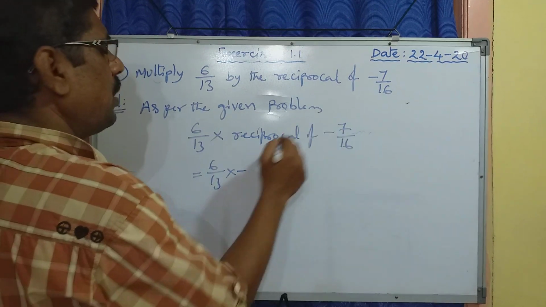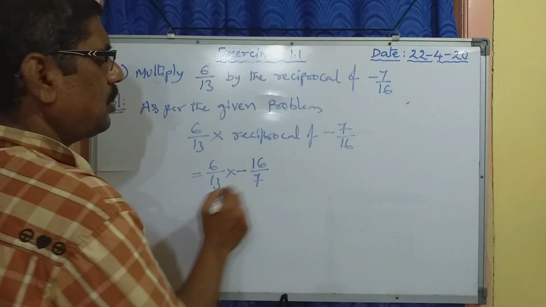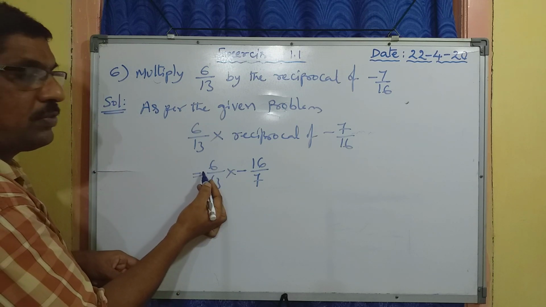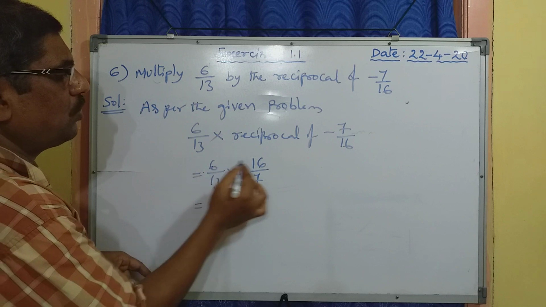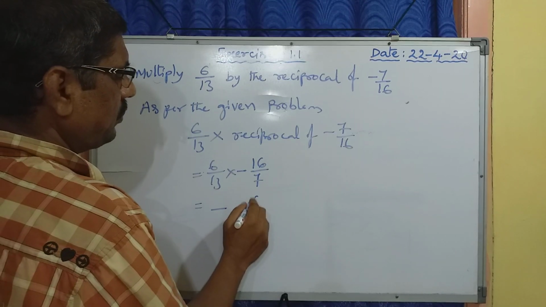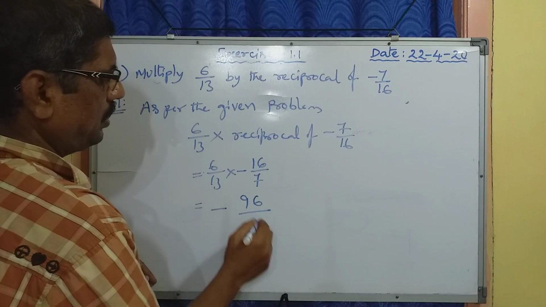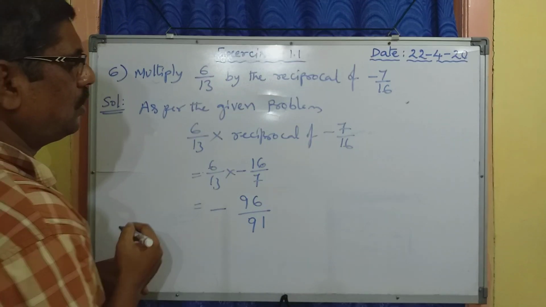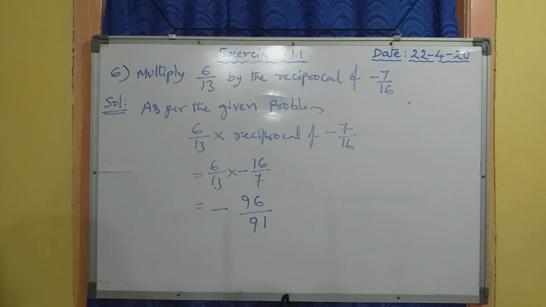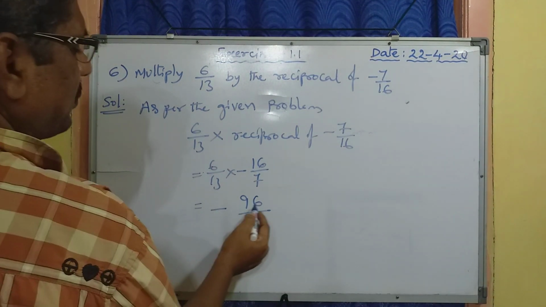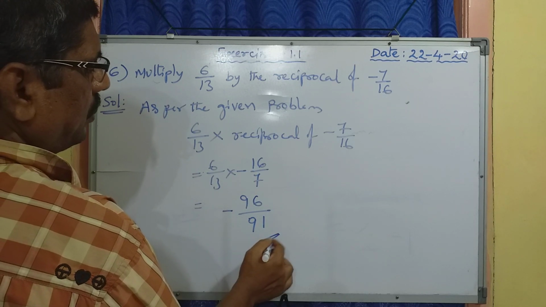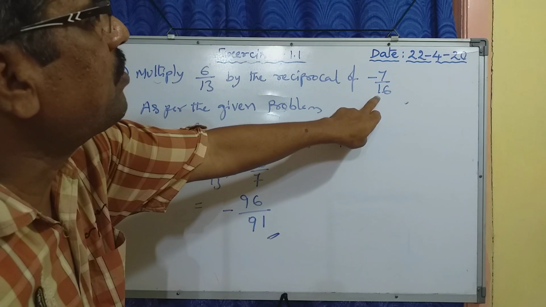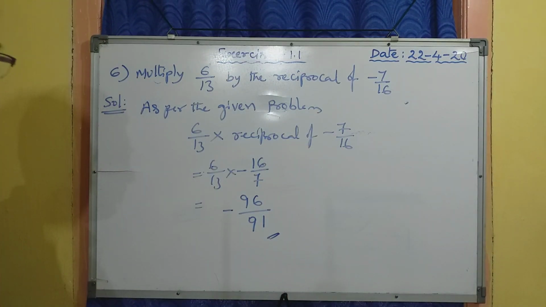Without changing the symbol, we have to interchange the numerator and denominator, then we get like this. Here there is no symbol before 6 by 13, so it is plus. Plus into minus is minus. Now 6 into 16 can be written as 96 by 91. Okay. Now the value is minus 96 by 91. So when you multiply 6 by 13 with the reciprocal of minus 7 by 16, we get minus 96 by 91.